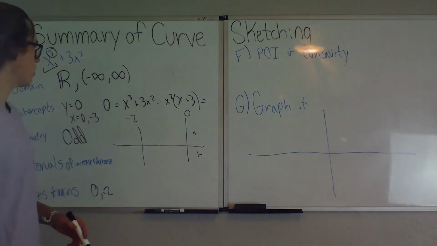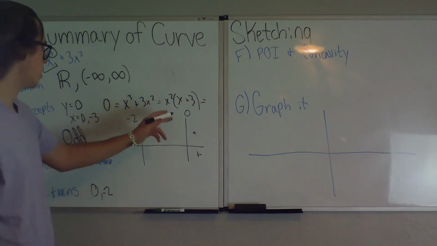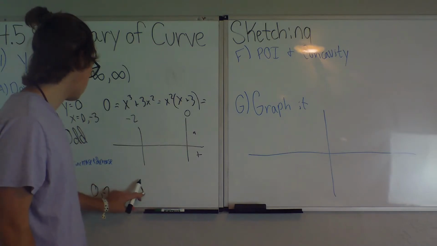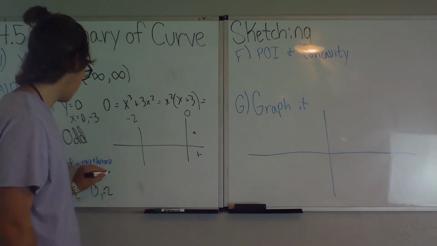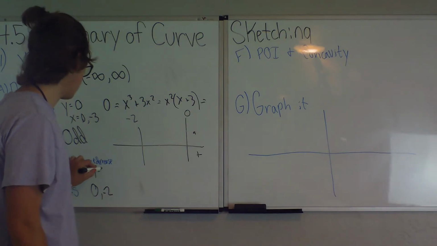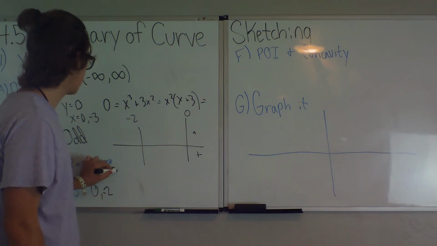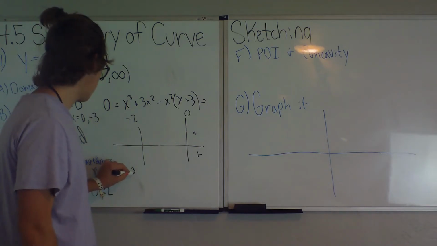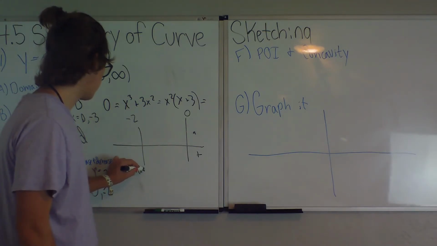Okay, now we get a number between negative 2 and 0, negative 1. We plug it in. It was y prime equals 3x squared plus 6x, which is equal to 3x times x plus 2.